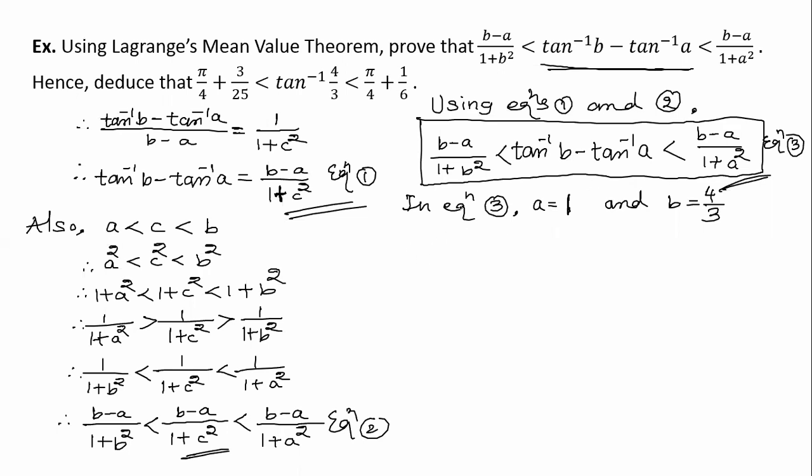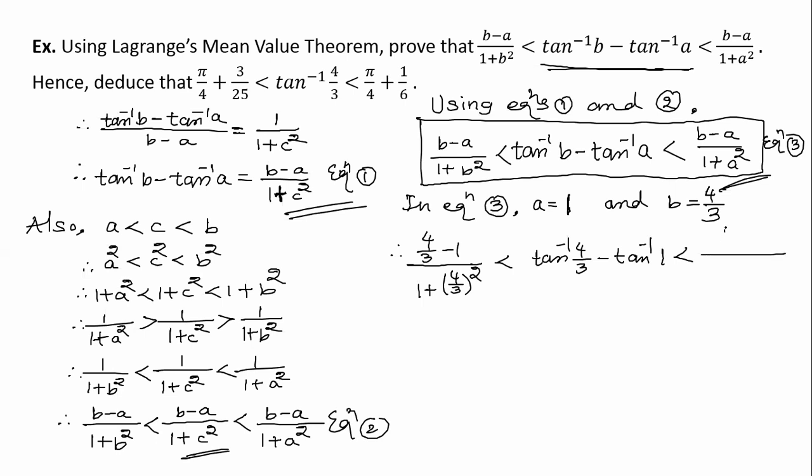So in equation 3, b minus a upon 1 plus b square. Therefore, 4 by 3 minus 1 upon 1 plus 4 by 3 whole square is less than tan inverse of 4 by 3 minus tan inverse of 1, and that is less than b minus a upon 1 plus a square.